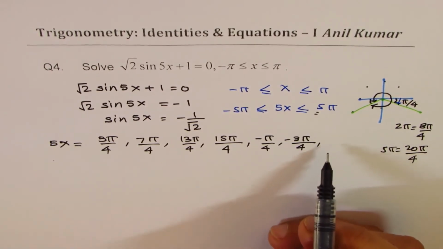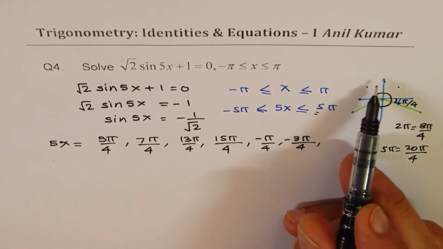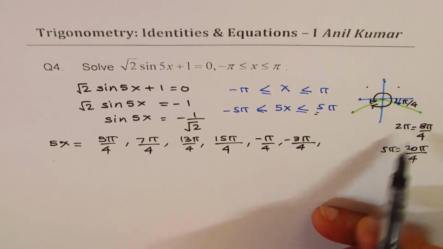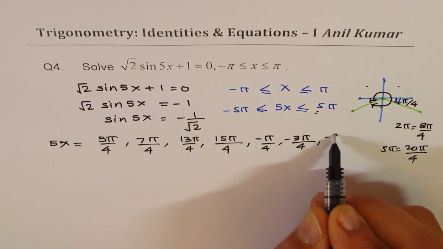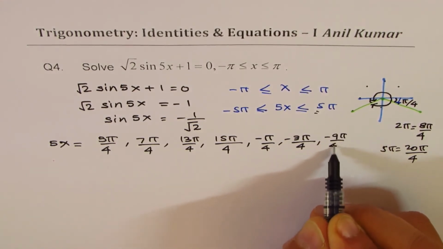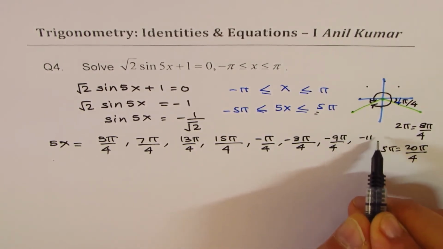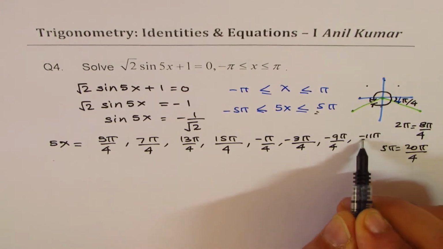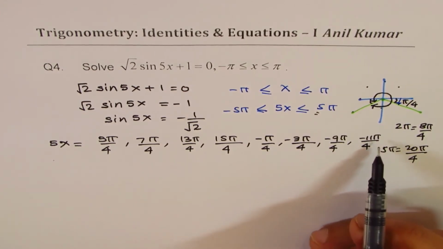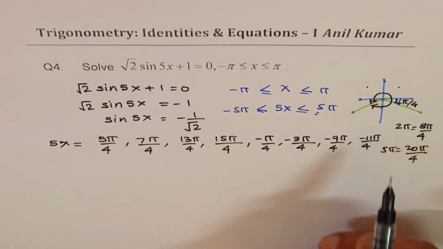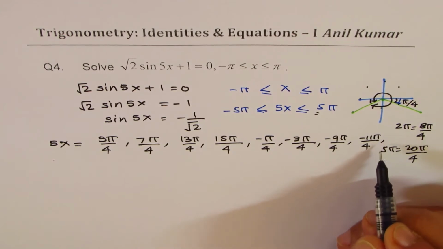Correct? Now again, on the negative side, we add 8 to this, so minus 9 pi by 4. And 8 and 3 is 11, so it becomes minus 11 pi by 4. Right?